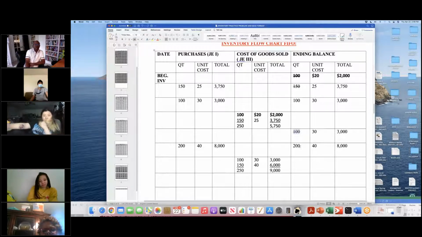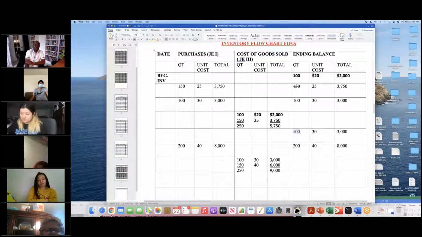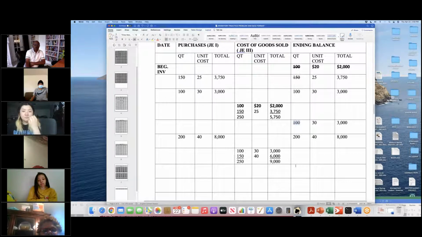Then we sold another 250. We had 300 for sale. 100 of those cost 30, 200 cost 40. We sold 250 of them. And so we're selling all of the 100 at 30. Then we're selling another 150 of these to get the 250 being sold, which is what we're trying to do.